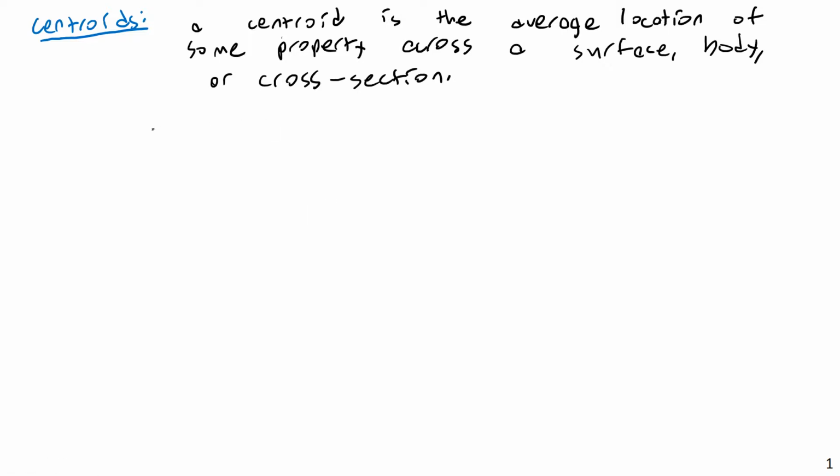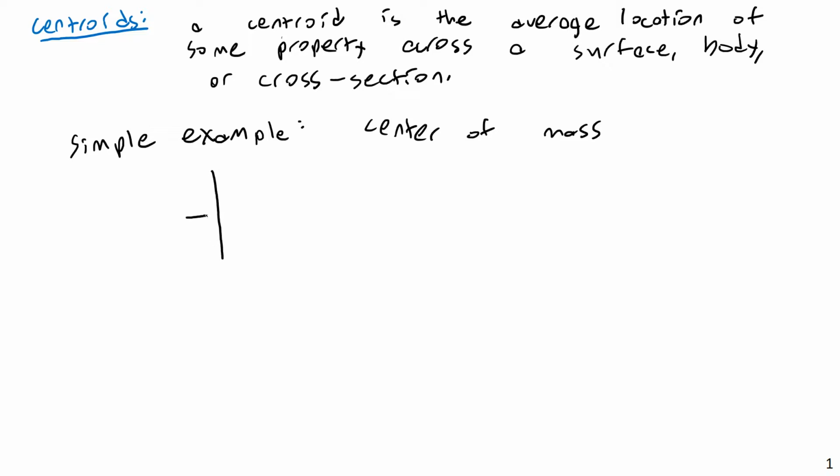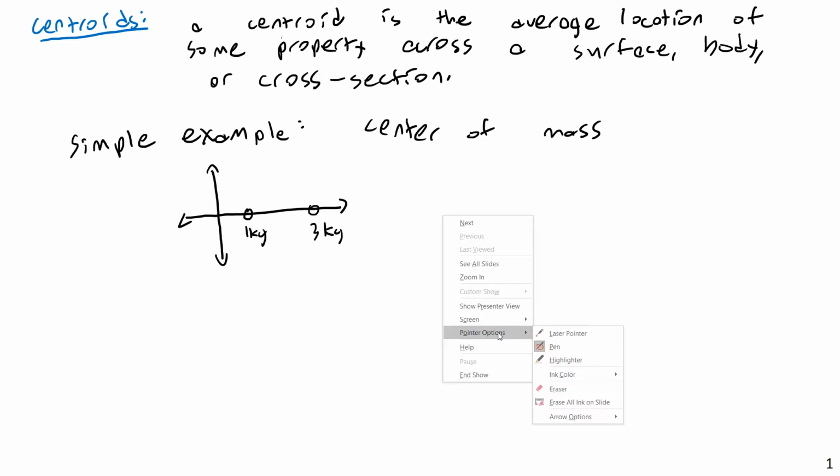One you're probably familiar with from perhaps previous courses is center of mass. A simple example of a centroid is a center of mass. So for example, let's say we have a simple xy coordinate plane, and let's say I have a 1 kilogram mass and a 3 kilogram mass, and some distances here.